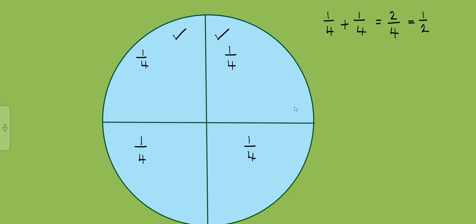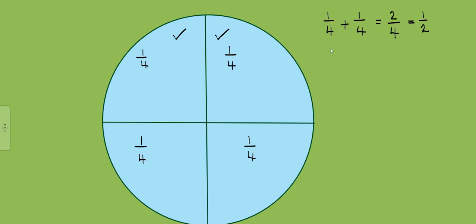And as a visual, that's quite easy to see, isn't it, that those 2 quarters would make a half. But in the maths language, we need it to also make sense. So 1/4 plus 1/4 equals 2 quarters, and then we can simplify that to a half. But let's focus on this first bit, this adding of fractions.